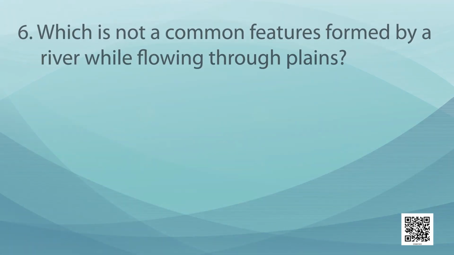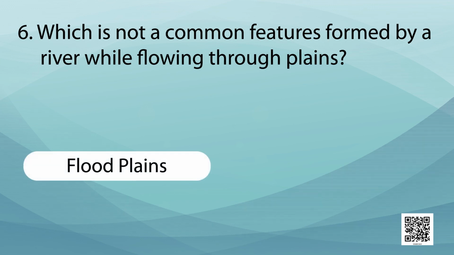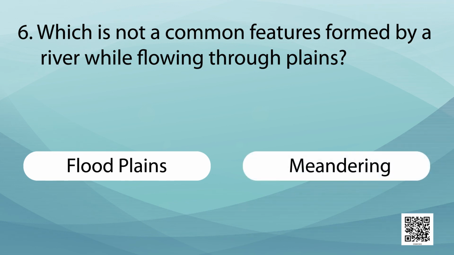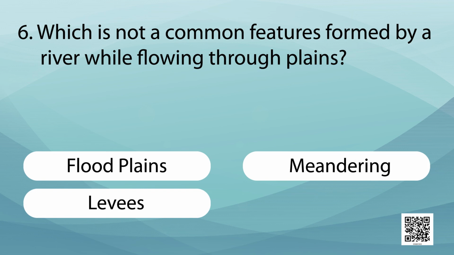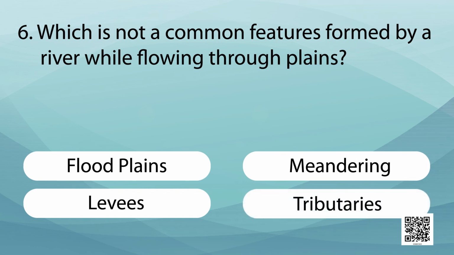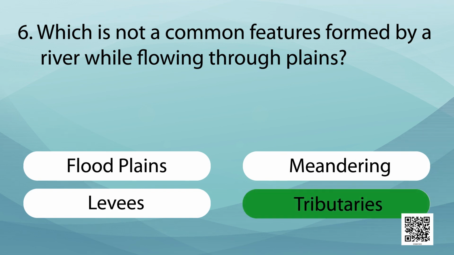My last question to you is, which is not a common feature formed by a river while flowing through plains? Your first option is floodplains, second is meandering, third is levees, or D is the tributaries. It is the tributaries. The tributaries are not a common feature formed by a river while flowing through the plains.